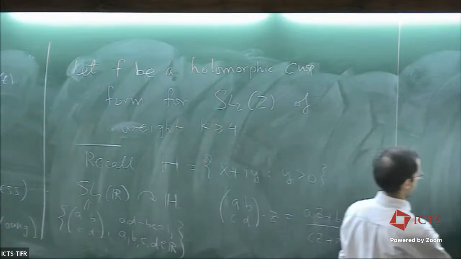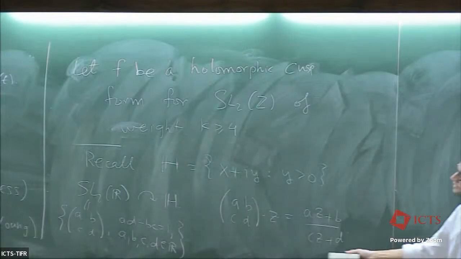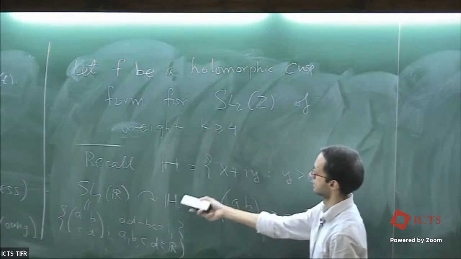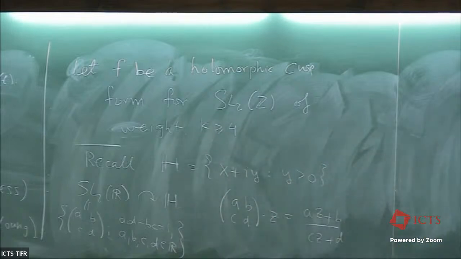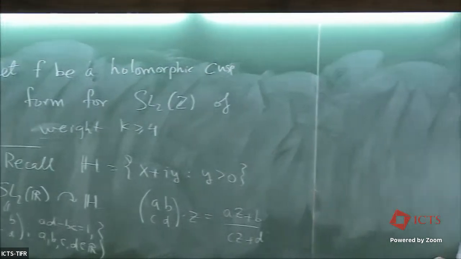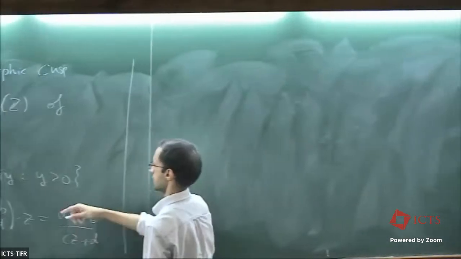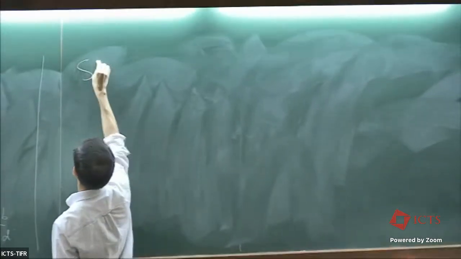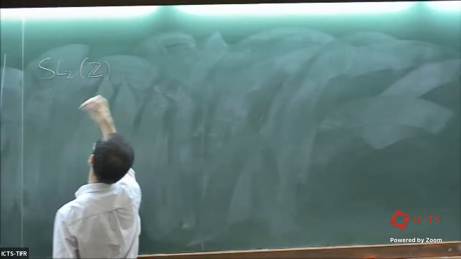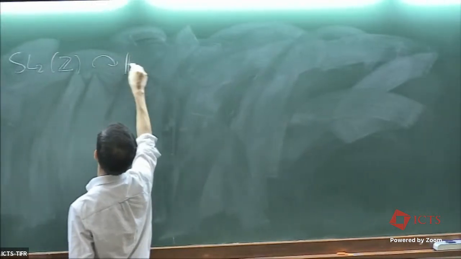And what we are interested in is the action of a discrete subgroup on the upper half plane, and functions that are almost invariant under this action. So we also have the fact that not just SL2(R), but of course SL2(Z) acts on the upper half plane.